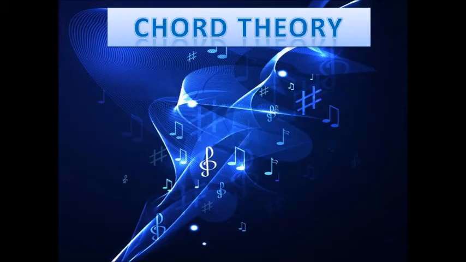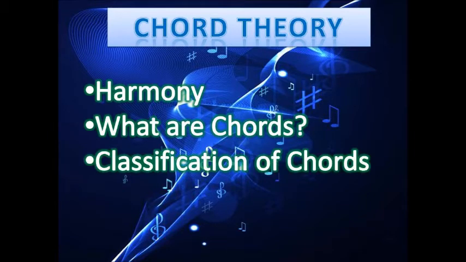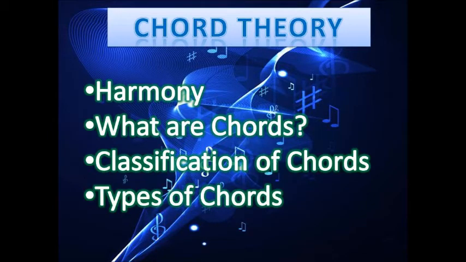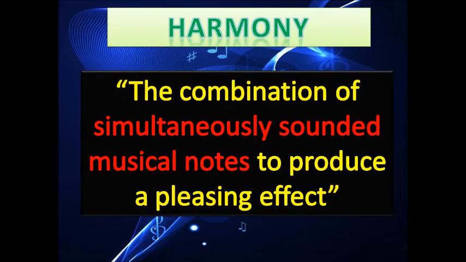In this lesson, we will learn about harmony, what chords are, the classification of chords, and the different types of chords we have. Now, to develop the concept of chords, we really need to understand what harmony is. Harmony is the combination of simultaneously sounded musical notes to produce a pleasing sound.